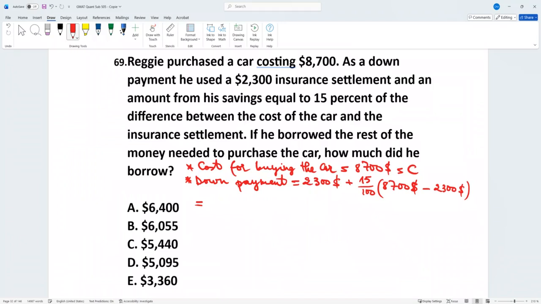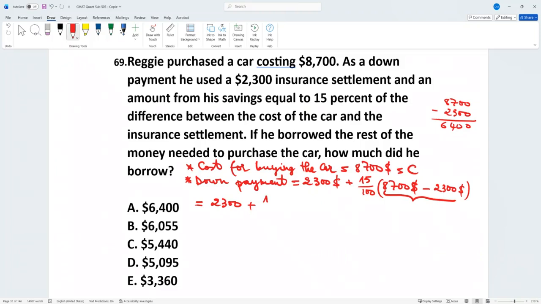So here we're going to have 2,300 plus, so this operation here is going to give us 8,700 minus 2,300, which is 6,400.